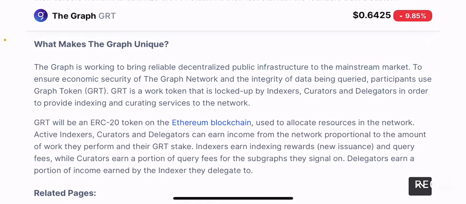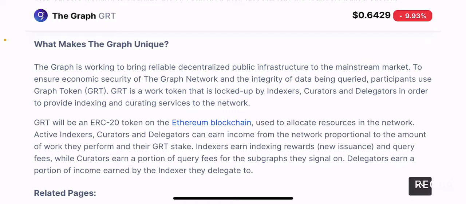By querying indexes in a decentralized manner, Graph is enabling developers as well as people who do analysis on different DEXes or different DeFi dApps. They get to use the Graph's technology to benefit and make better advancements and innovations in the DeFi space, right? So that's basically the overall goal of the Graph project.